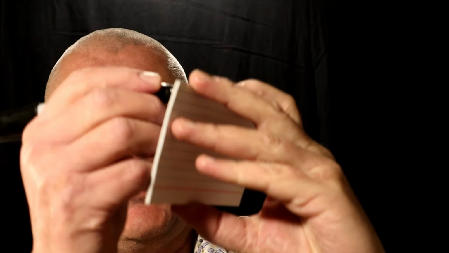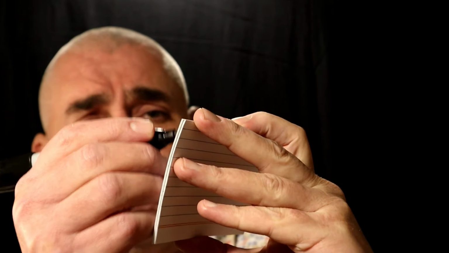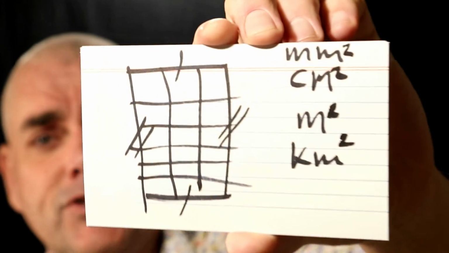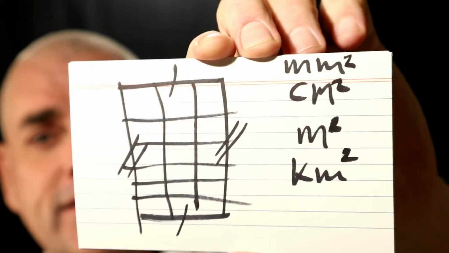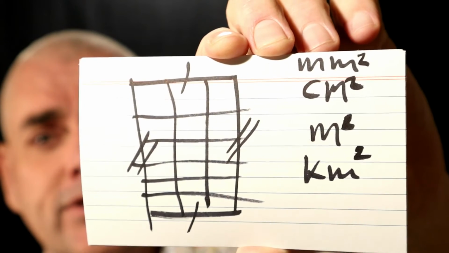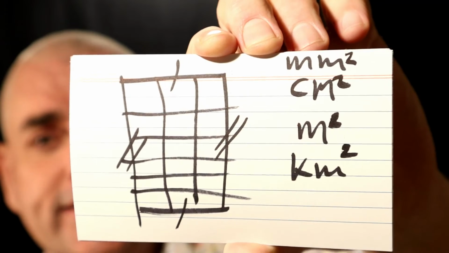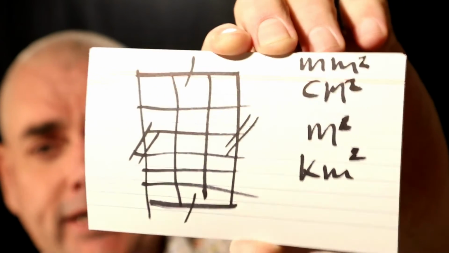So there are little changes here, and I'm going to write them on my little card just to point them out to you, because my thinking has changed. I'm thinking about square units, okay? That little index with the 2 on it is a giveaway, I guess, that we're working with area.